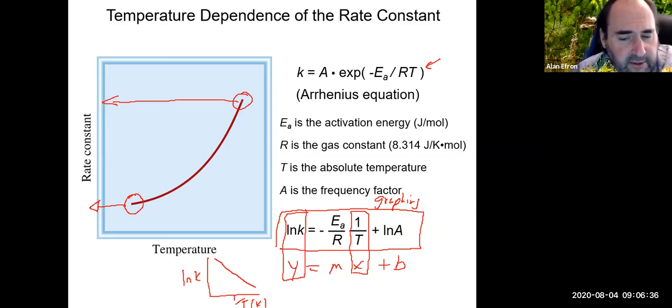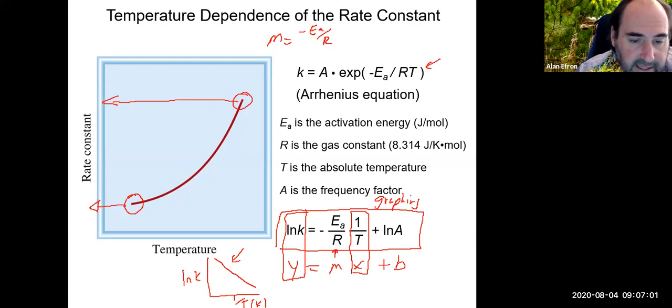The importance of the straight line when you're using this graphical approach is that if you take the slope of the line, it equals minus E_A over R. That basically means to find the activation energy, you just need to multiply by the 8.314 to the other side. Now, this line here has a negative slope, which means the negative here from the slope value, and this negative will turn your activation energy into a positive number.